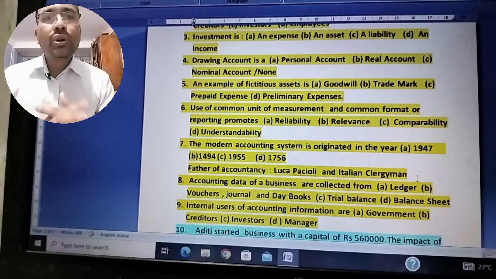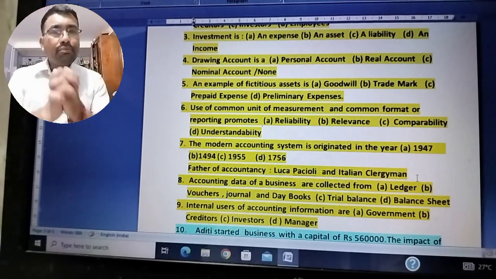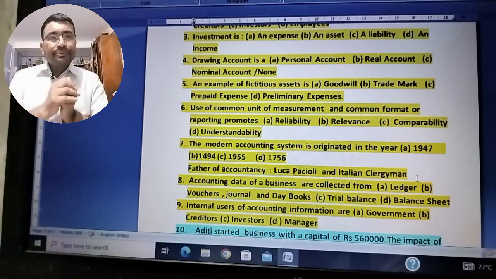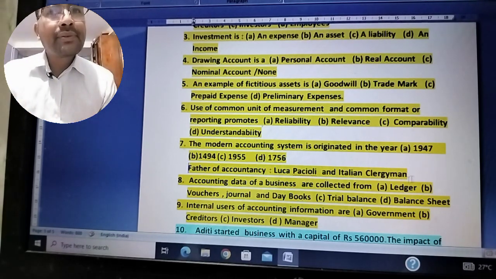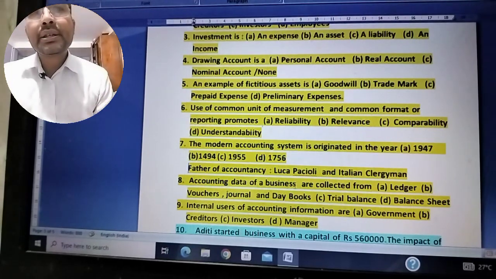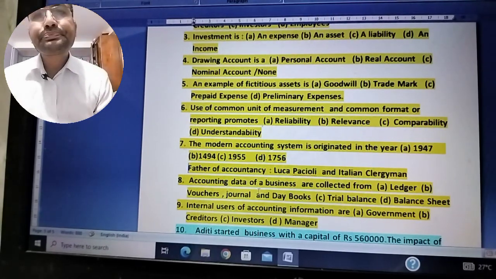So the modern accounting system was developed by Luca Pacioli, an Italian clergyman, in the year 1494. Okay, you have to remember it that way.